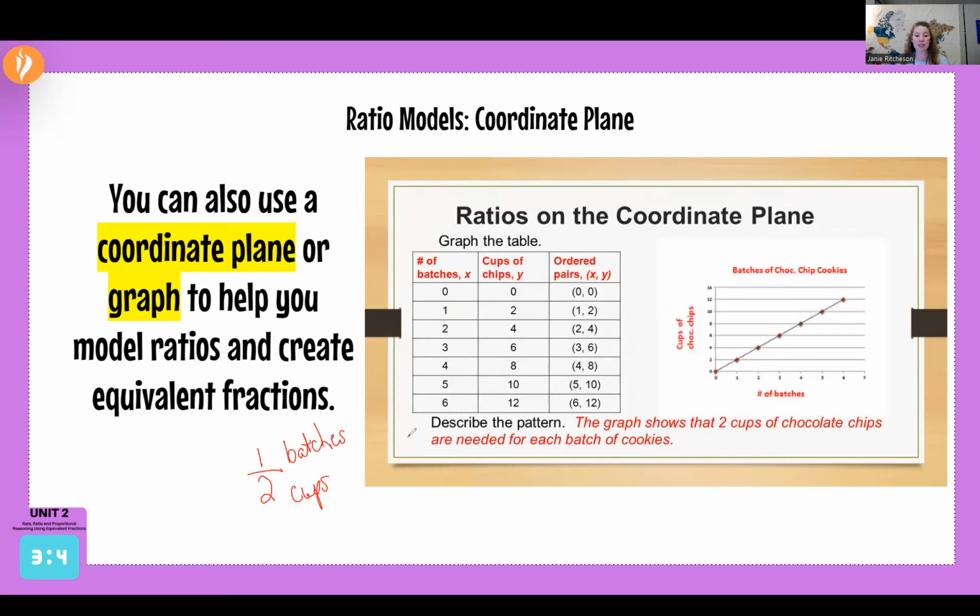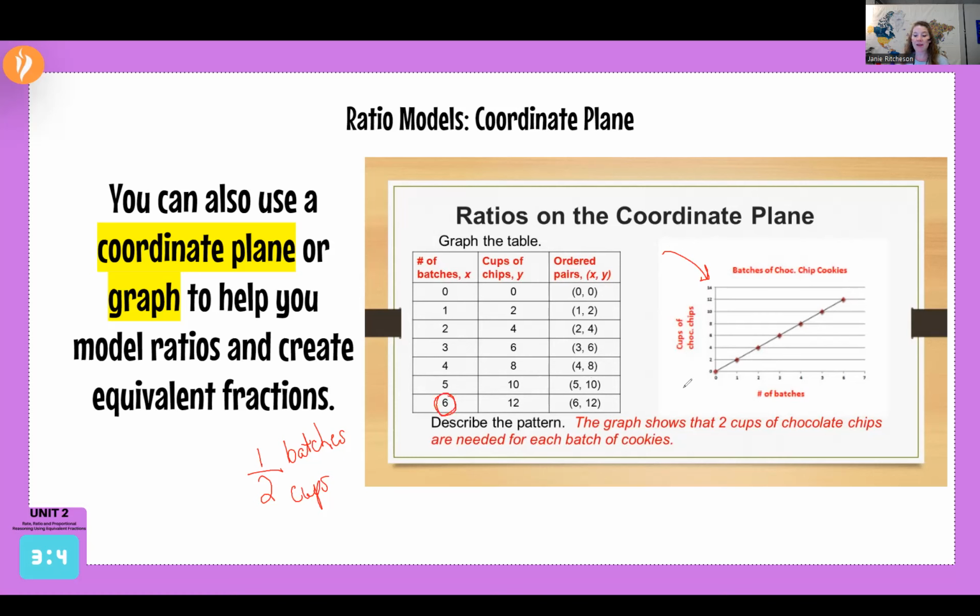We can create all these different equivalent ratios, 2 to 4, 3 to 6, and then we could create ordered pairs from those numbers, 6 to 12, and we can put those on a coordinate graph, right? And we're going to graph a little later in the year, but this is just a good introduction.